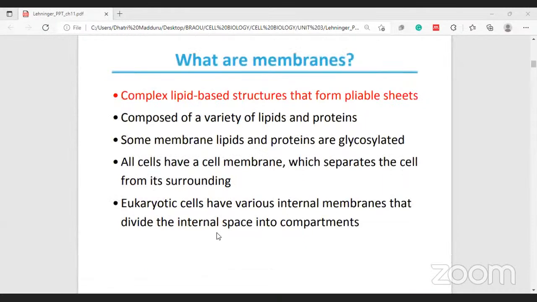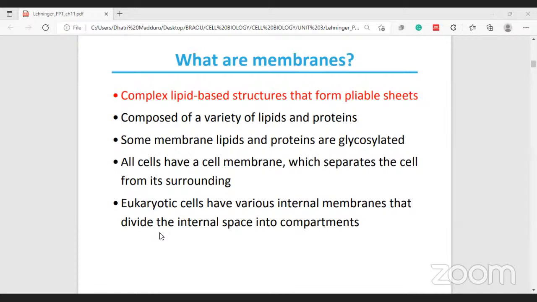So first of all, what are membranes? They are lipid-based structures which form sheets. And not only lipids, here we can see proteins, carbohydrates, and also cholesterol. Some membrane lipids and proteins are glycosylated. Okay, there will be modification. Glycosylated means sugar or carbohydrate molecules get linked to the lipids and proteins.